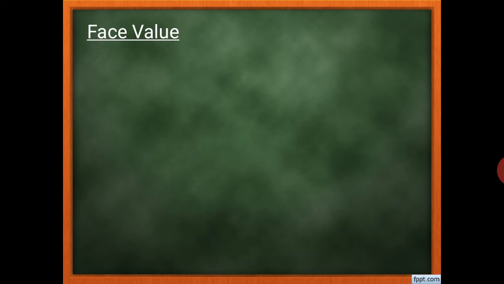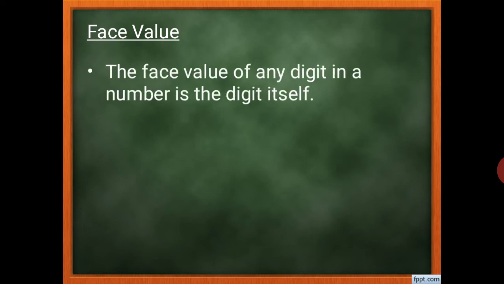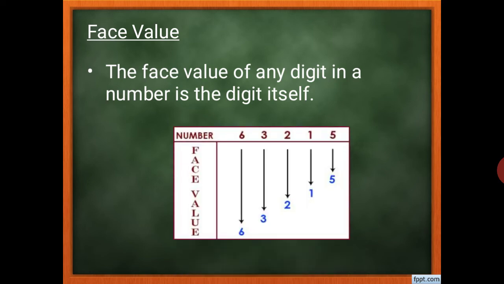So the next topic is face value. The face value of any digit in a number is the digit itself. Yes, so that means whatever the digit is, that will be its face value. For example, just see this one. Here the number is 63,215.